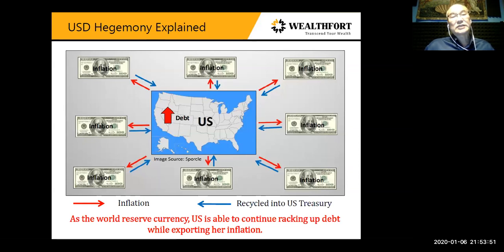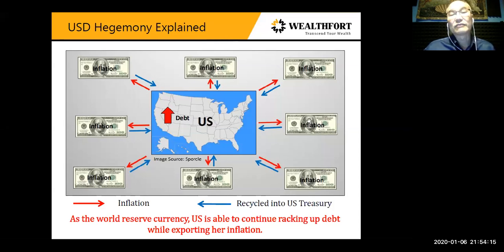Now, US hegemony explained. If the US prints so much money, how come their inflation is still not there? What happens is this: because the US dollar is used in global trade at 60%, and in foreign reserves, the US dollar is parked outside of the US.